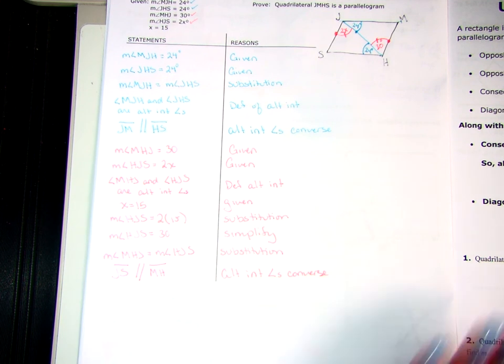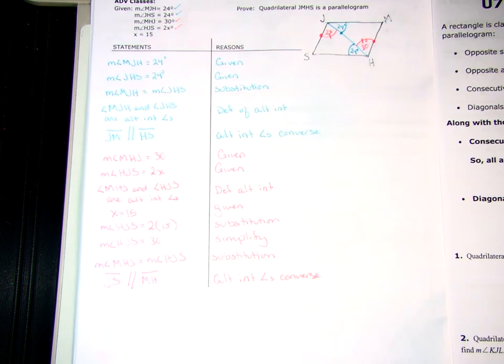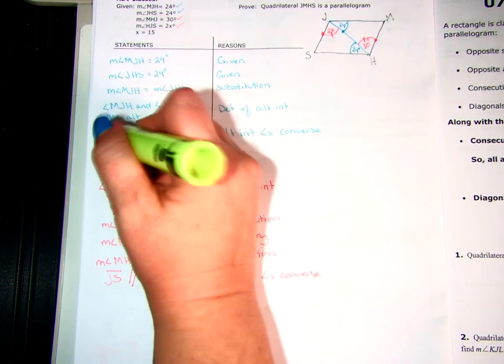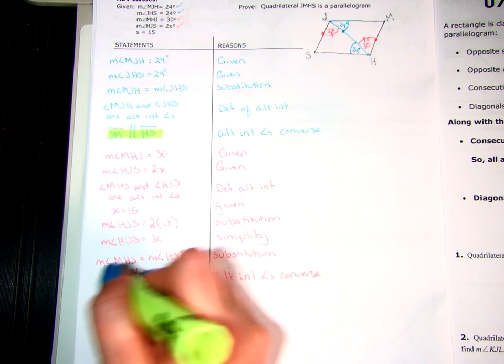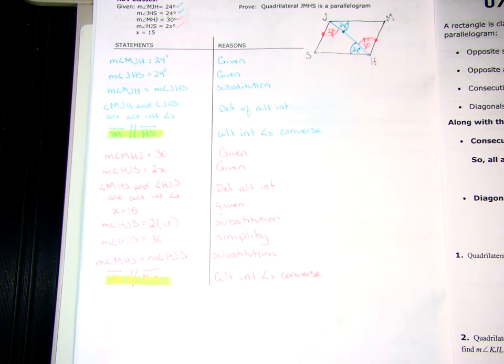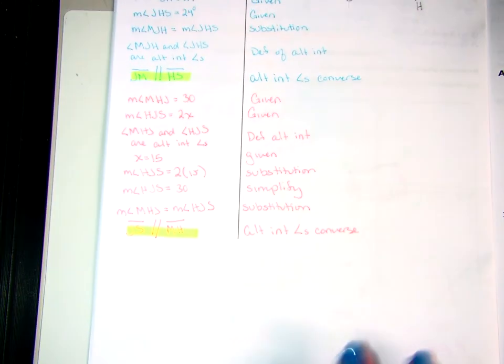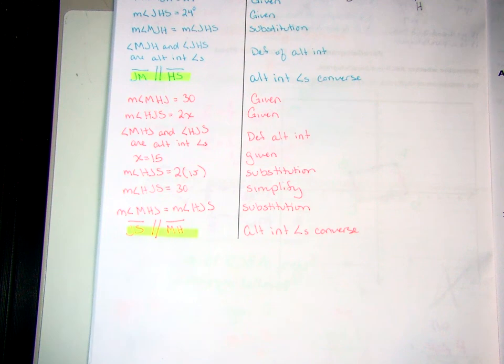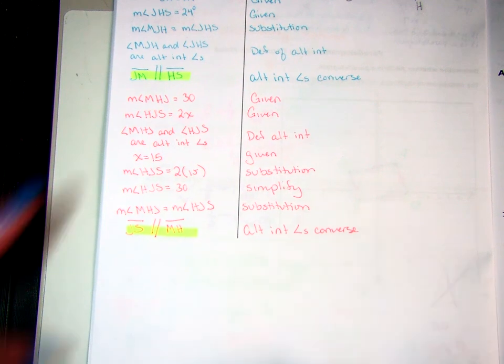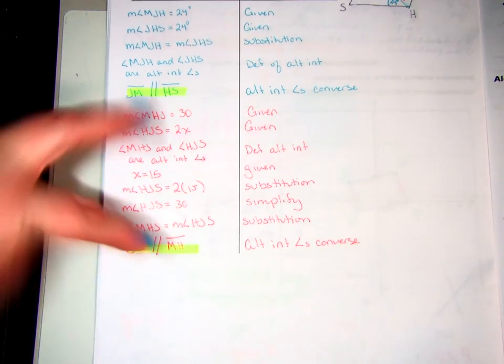All right, so now look what I've shown. I've shown the top and the bottom are parallel. I've shown the left side and the right side are parallel. So since I've shown all of that, both pairs of opposite sides are parallel, right? Both pairs of opposite sides are parallel. Which theorem is that?